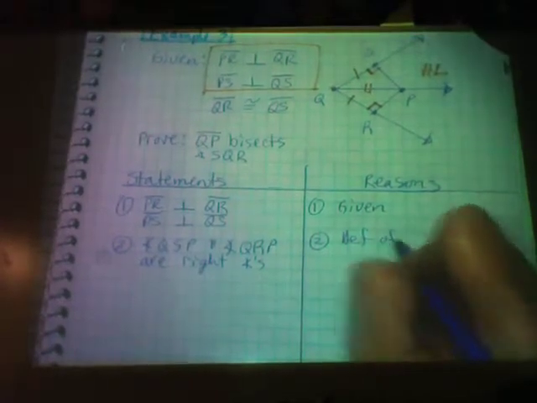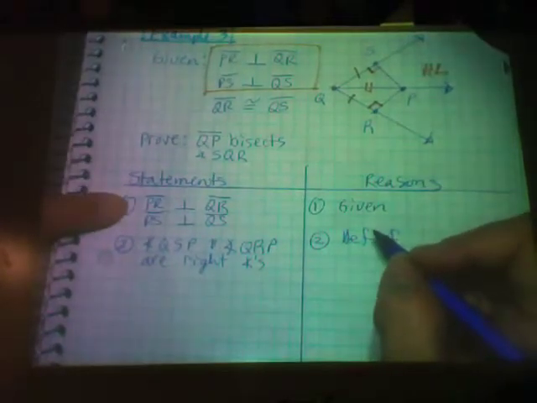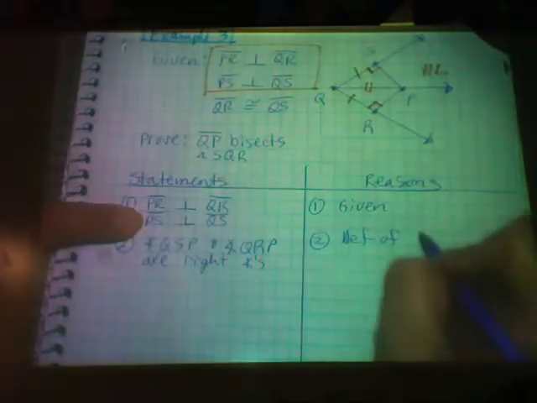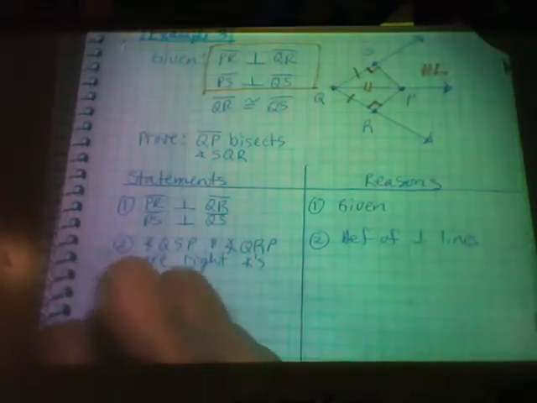Definition of, this isn't a perpendicular bisector. What are these? Perpendicular lines. Because perpendicular bisector wasn't mentioned this time, our reason can't be perpendicular bisector. So it has to be perpendicular lines. So pay attention to what you're concluding from. All right, then from right angles, what do we conclude?